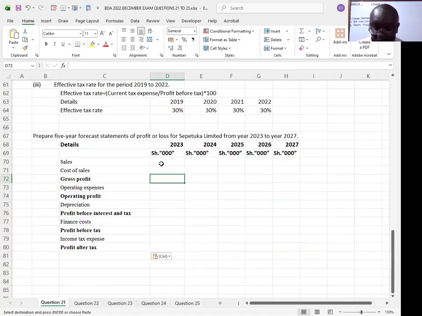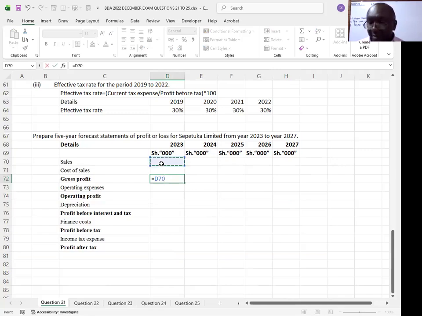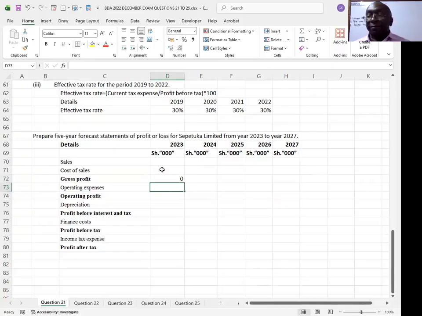So the gross profit will be given as sales minus the cost of sales. So you press enter.